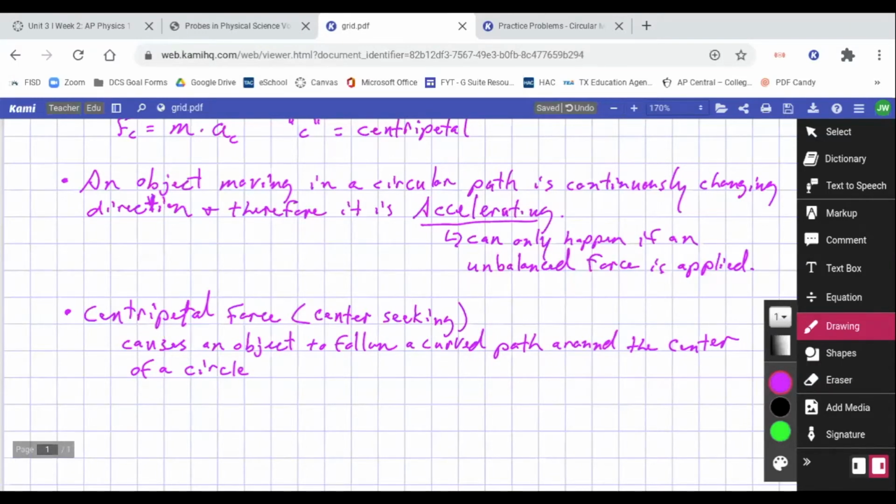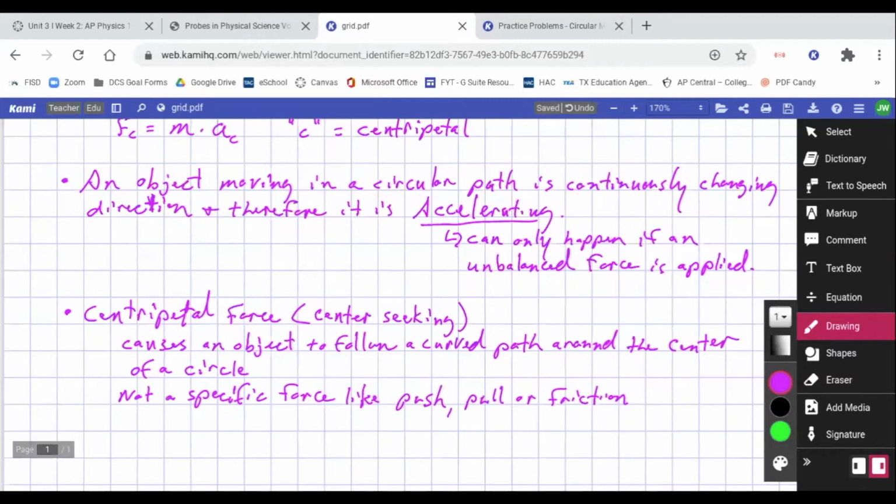The next thing is it's not a specific force, like push, pull, or friction. It's not always friction. It's not always tension.